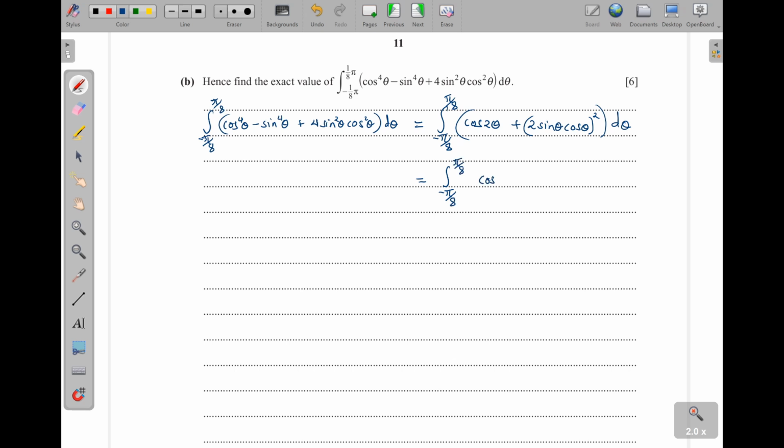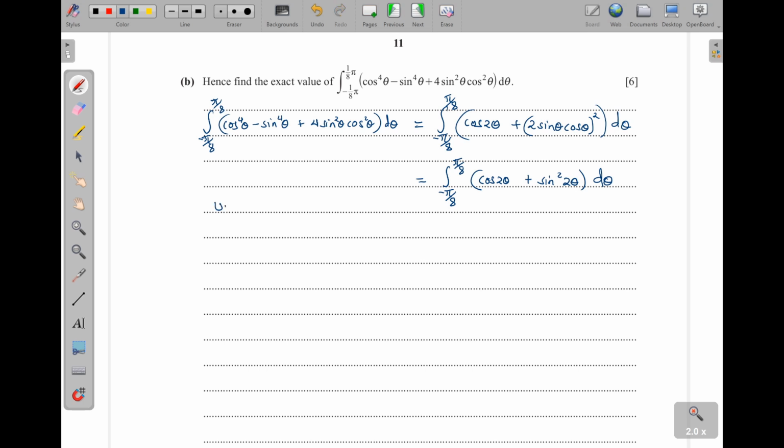So cos 2 theta, then plus sine squared 2 theta, d theta. Now when we see even powers of sine or cosine, we are supposed to use the double angle formula for cosine.